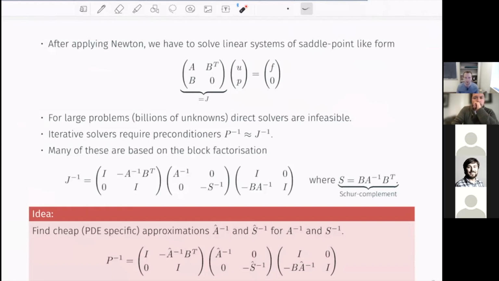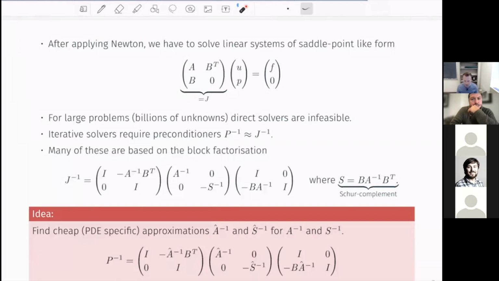If you have that many degrees of freedom, you can't just use a direct solver, because they scale so poorly that it would run out of memory. You wouldn't have enough time. It's just completely infeasible. So we want to use an iterative solver. And for an iterative solver to be successful, we need a preconditioner. If you want to use conjugate gradients or GMRES to solve a system like this, we need a good preconditioner for our linear system.